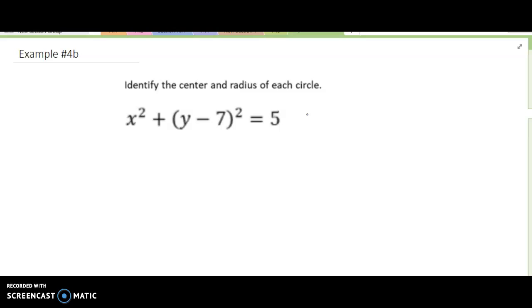All right, so this one here is a little bit different, but not bad. All right, so my center is h, and we'll deal with that here in a minute. My k is right here. And my radius, this is my r squared, so my r would be the square root of that.